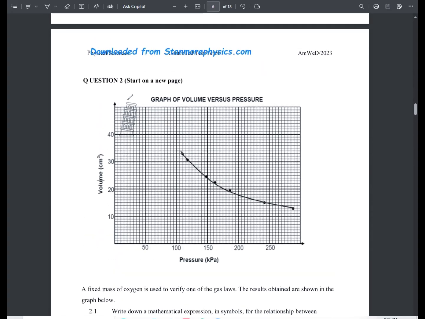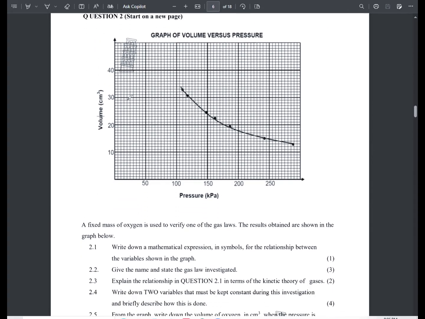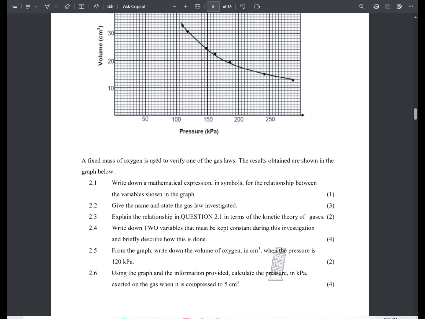Now it says we have our Boyle's law ideal gases. Then we are given a volume versus pressure graph. A fixed mass of oxygen is used to verify one of the gas laws. The results obtained are shown in the graph below. Write down a mathematical expression in symbols for the relationship between the variables shown in the graph. So what are we going to do now?